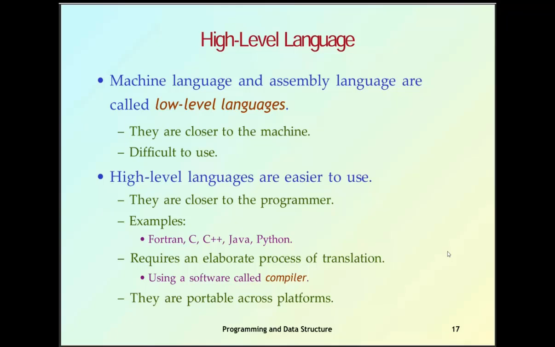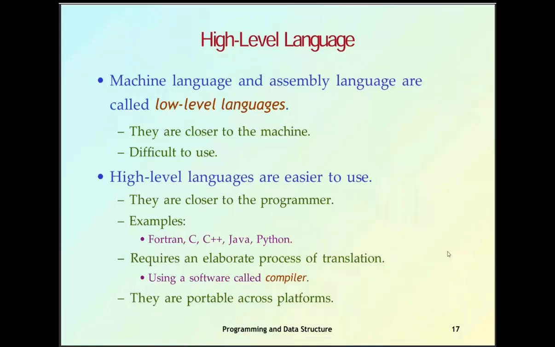So to convert a high level language to a machine level language, we use software known as a compiler. Depending on the kind of language, sometimes we use a compiler and sometimes an interpreter. Let us not go into the details of this. Just as a black box, you understand that in order to convert a high level language into machine level language, we need a compiler.